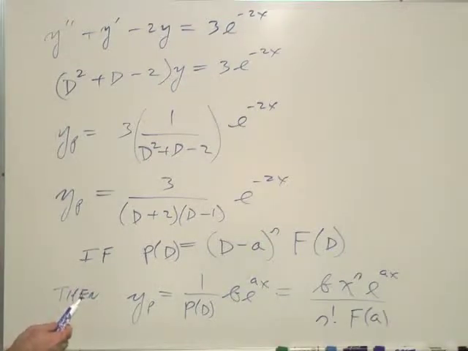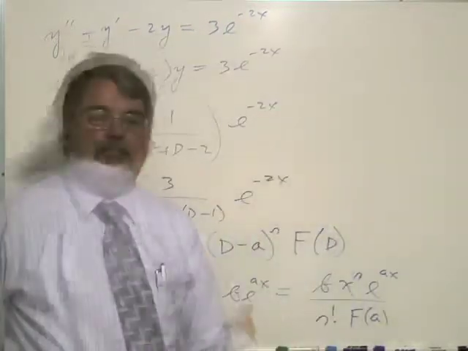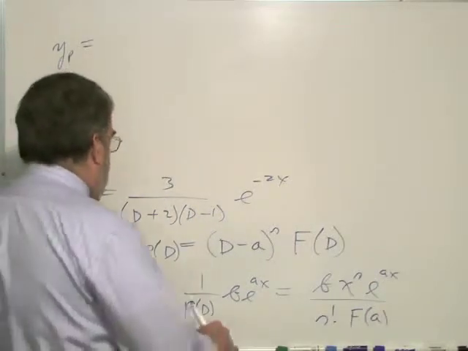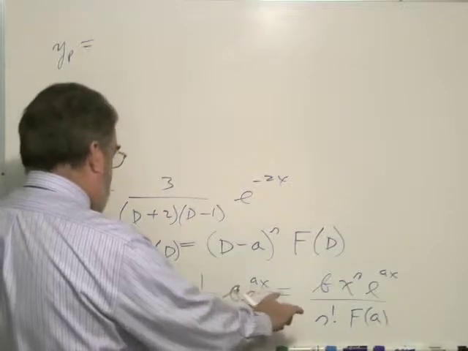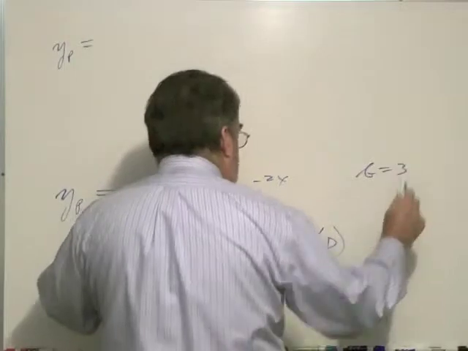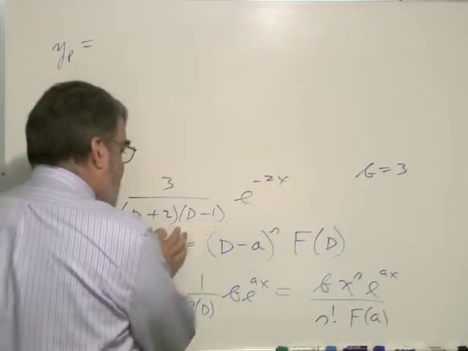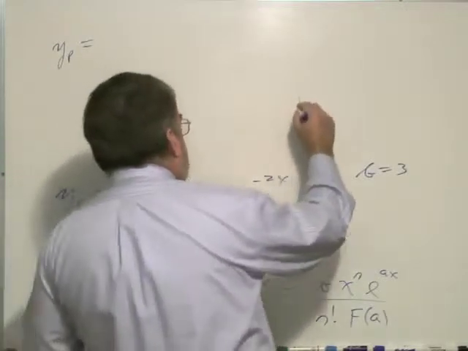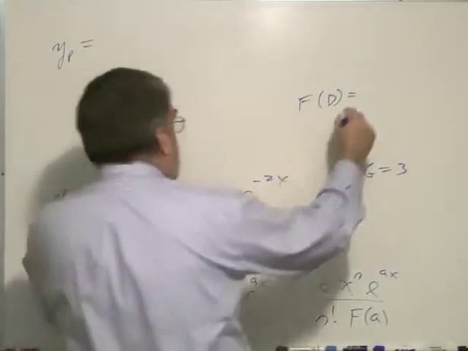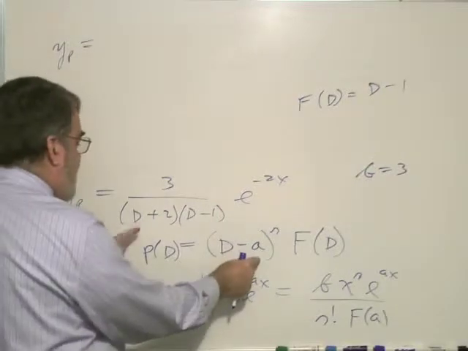Alright, so let me erase up above and we'll apply all this and wrap this problem up. Well, let's see what we got. So y particular is going to be what? Well, b is 3, and if we take this, you see f of d is going to be d minus 1, and so a is going to be negative 2.